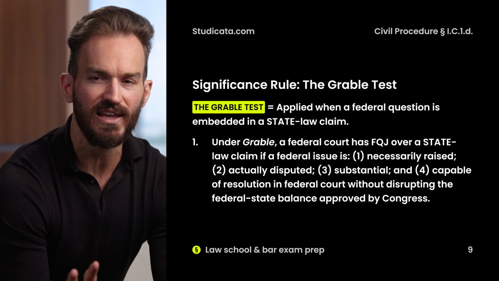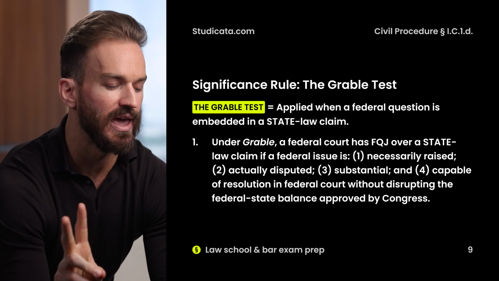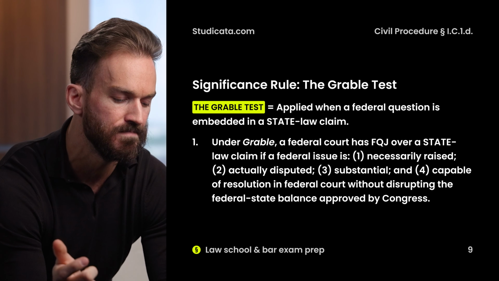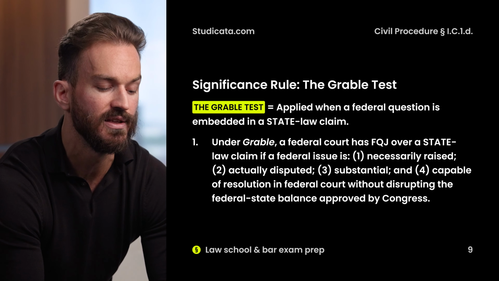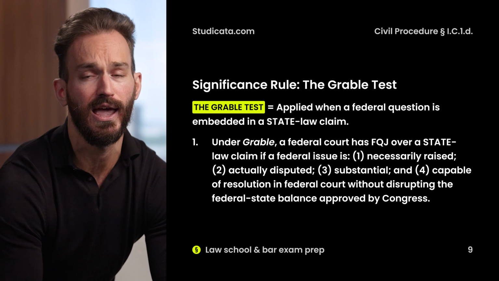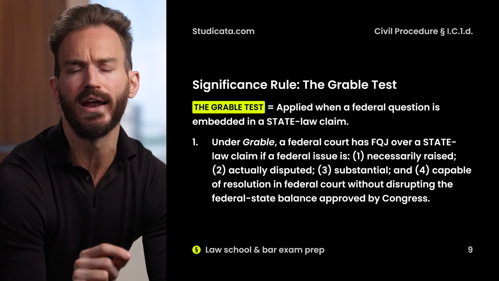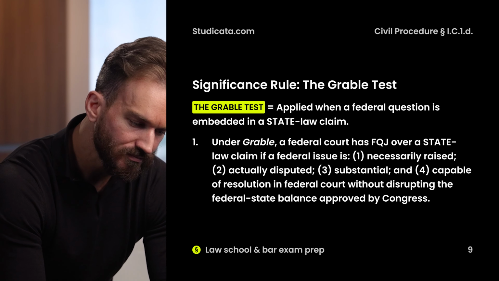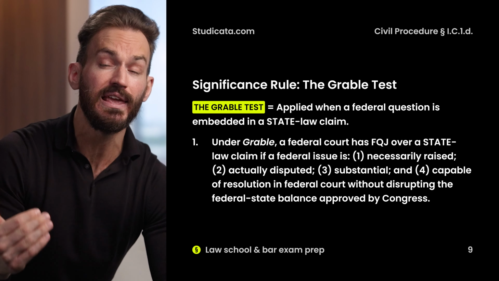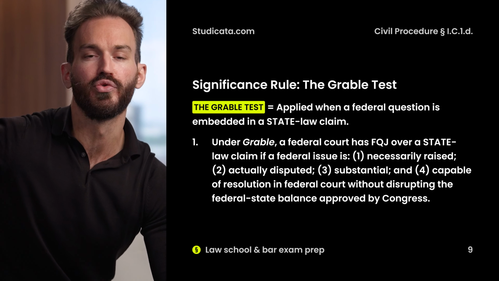Okay, so the best way to see this is to talk about two seminal cases. We have Merrell Pharmaceuticals Incorporated v. Thompson, and we have Grable and Sons Metal Products v. Darue Engineering and Manufacturing. These are two United States Supreme Court cases. We'll see in Merrell, important to recognize, this is 20 years before we get the Grable test.